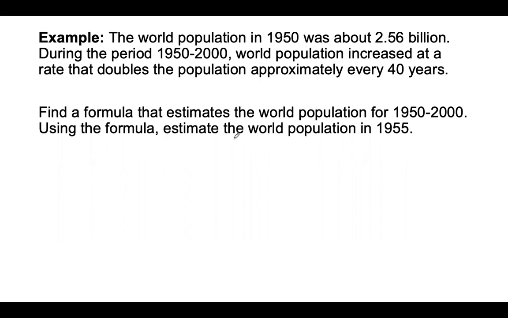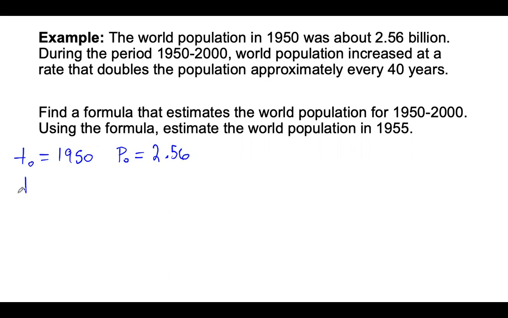Using a formula, estimate the world population in 1955. We have the initial time of 1950, and the initial population, P naught, as we use in physics, is 2.56.